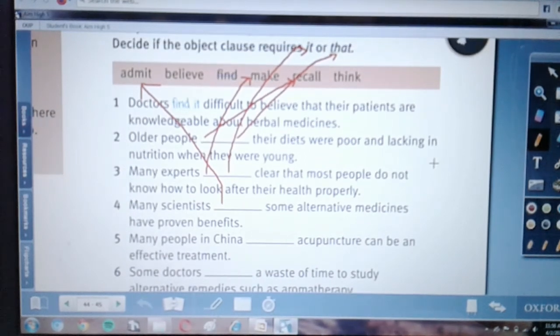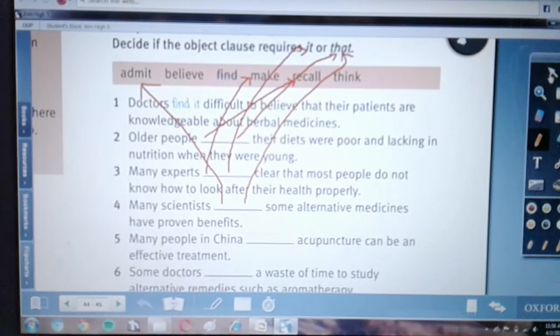The sentence that sounds natural is the one that uses that. So, many scientists admit that some alternative medicines have proven benefits. Okay, so after admit, you can put that here.